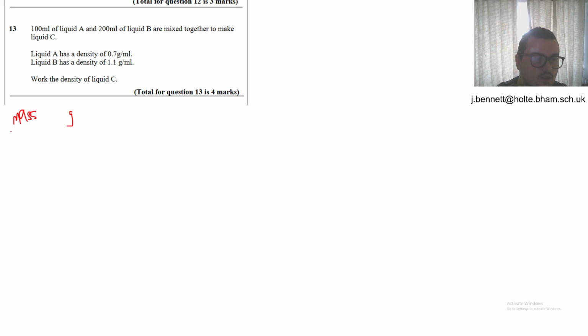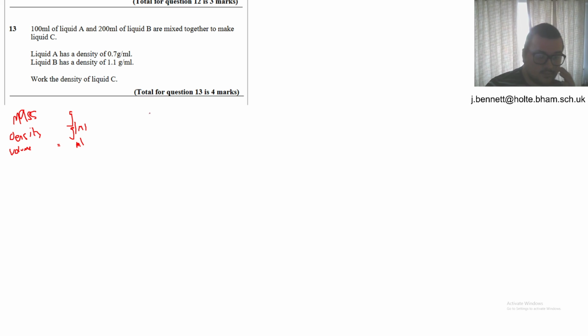We have density, which is in g over ml, and we have a volume of liquid, which is milliliters. I can't remember if volume is the right word. It just works for this.